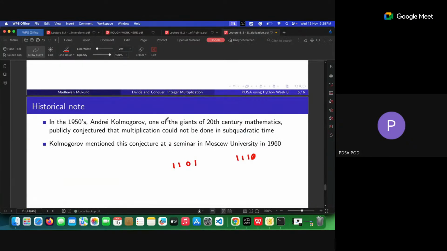We divide x into 2 parts: this is x1 and this is x0, where x1 and x0 are 1, 1 and 0, 1. Clear?